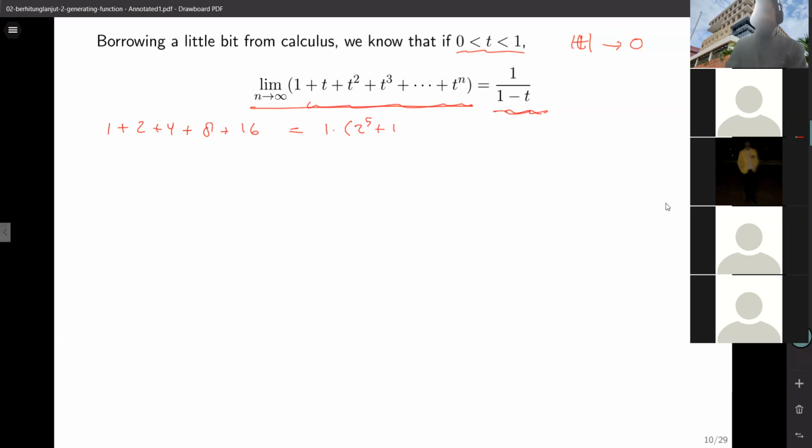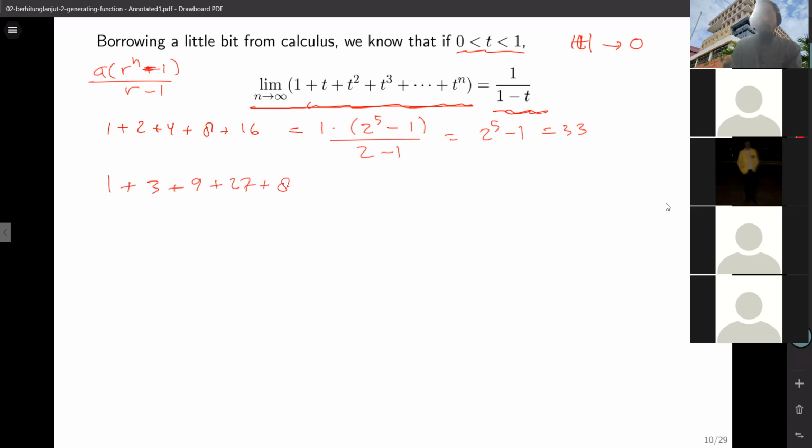Why did I forget about this? Is it this one? Right? So that means 1 times (2 to the power of 5 minus 1) divided by (2 minus 1), right? Which is, of course, in this case, 32 minus 1.